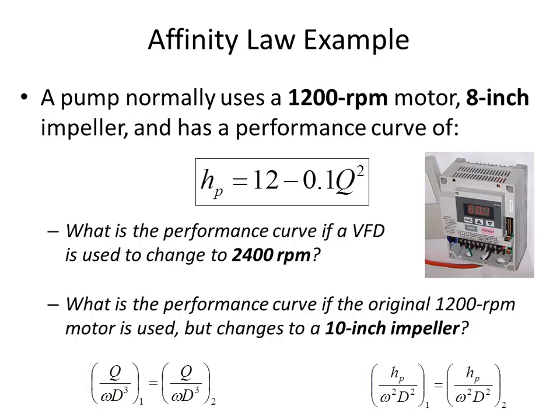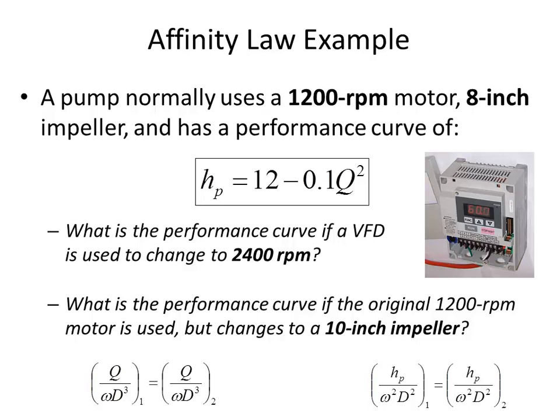D1 and D2 are equal in this first example. All right, we now have a relationship of the flow rate of 1 to the flow rate of 2 and a relationship of the pump head of 1 to the pump head of 2.